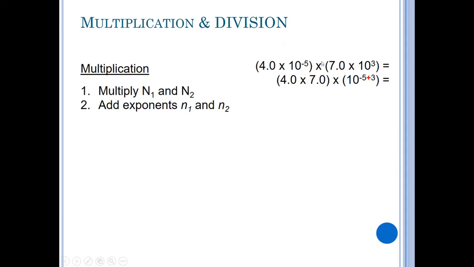Which means that if here is also multiplication, you can directly multiply 4 by 7, and times, multiply. Here is 10 to the power of negative 5 plus, here is positive, you need to plus 3. So at the end of the calculation, you get 28 times 10 to the power of negative 2.